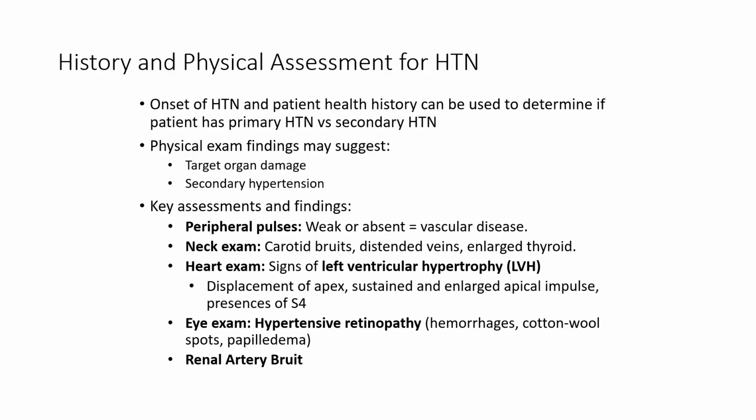We'll see a sustained and enlarged apical impulse and presence of an S4. Eye exam, again, we can see hypertensive retinopathy, so hemorrhages, cotton wool spots, and papilledema. And sometimes we can even hear a renal artery bruit with the kidneys.